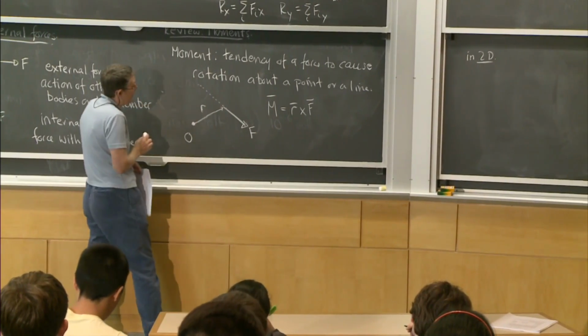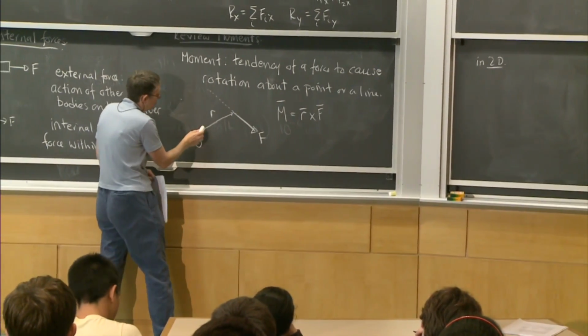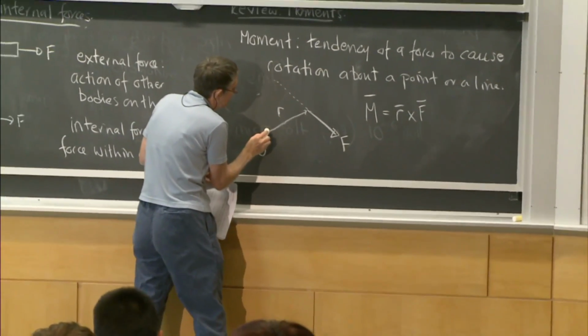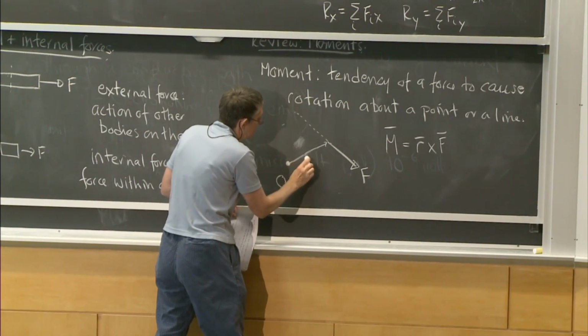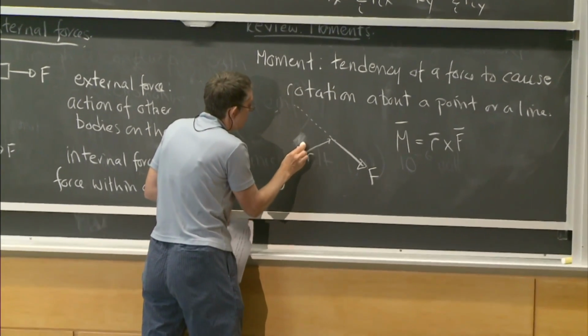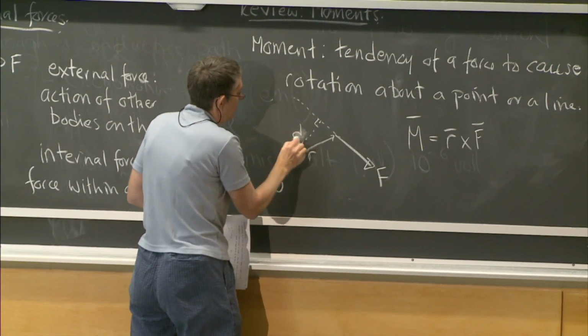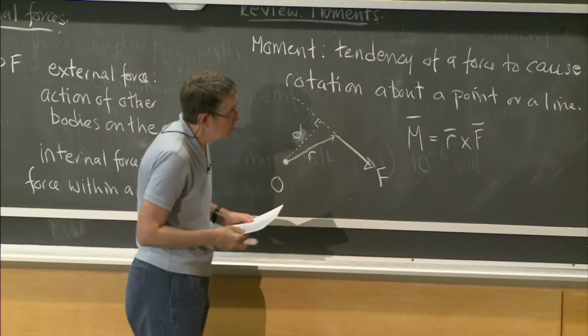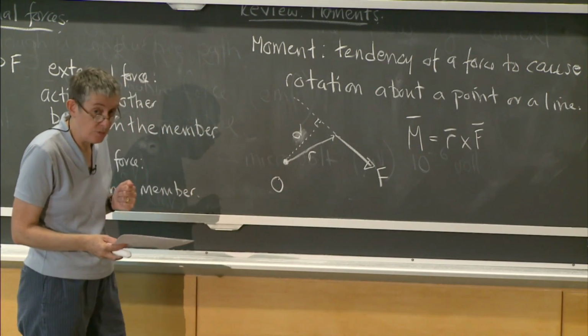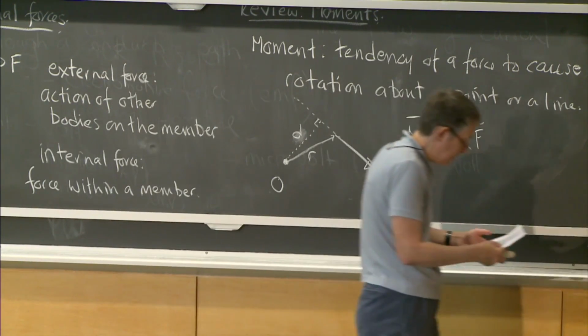So say this is the line of action here. If I just extend that backwards, the perpendicular distance, let me call that r down there. My perpendicular distance here is d. So the magnitude of the moment is just the magnitude of the force times that perpendicular distance d.